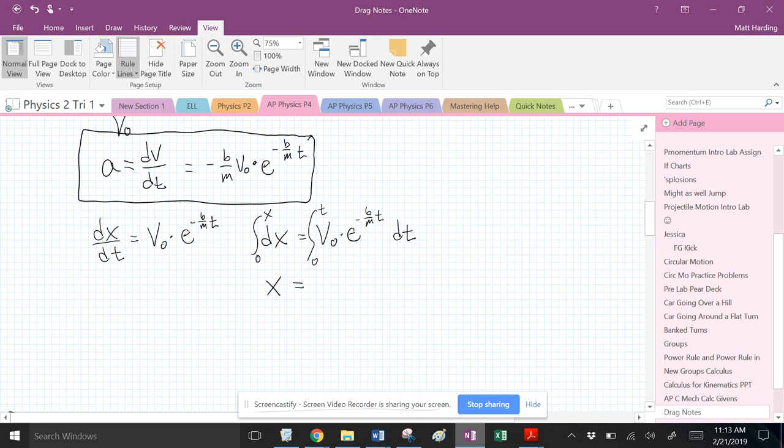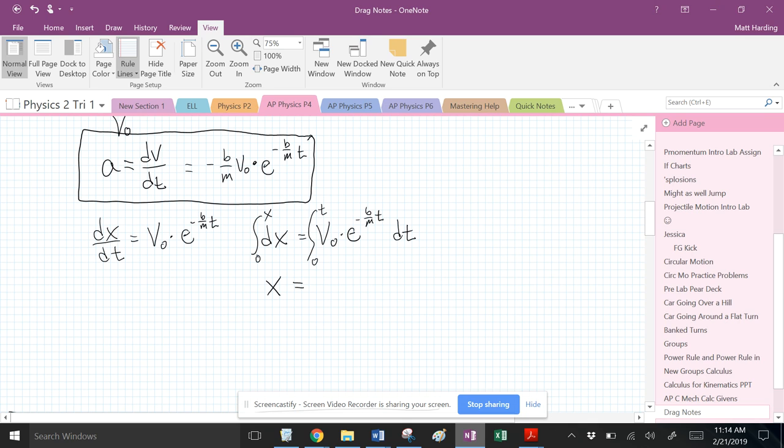Over on this side, we're going to do the antiderivative of this stuff here. V naught is a constant again, so we don't really have to worry about that. But antiderivatives involving e to the x were discussed in the calculus givens video, so go back and check that. When you're doing the antiderivative of e to the something, you have to recognize what that current function is the derivative of.